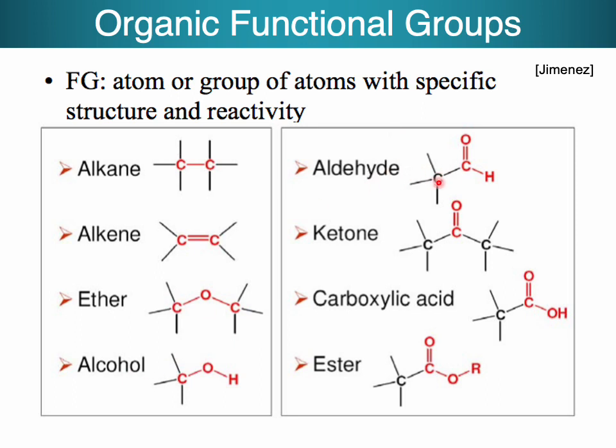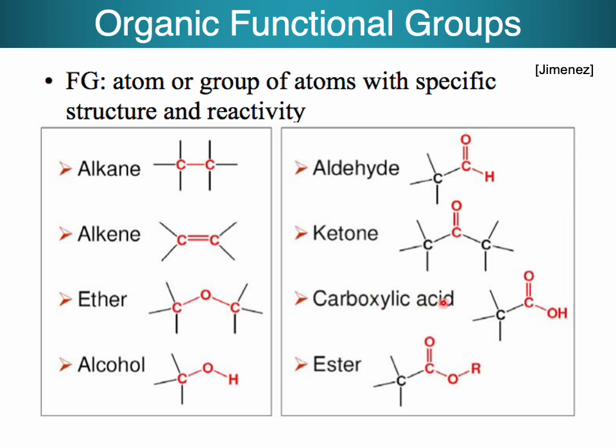Aldehyde, again, is carbon bonded to another carbon that is double bonded with an oxygen and a single hydrogen atom on this side. Ketones are kind of like aldehyde, but instead of having a hydrogen on the carbon-oxygen double bond group, this carbon that is double bonded with oxygen would be bonded with one carbon on this side and another carbon on the other side.